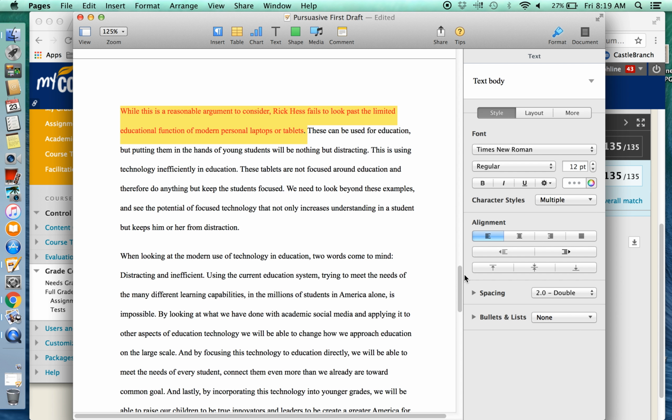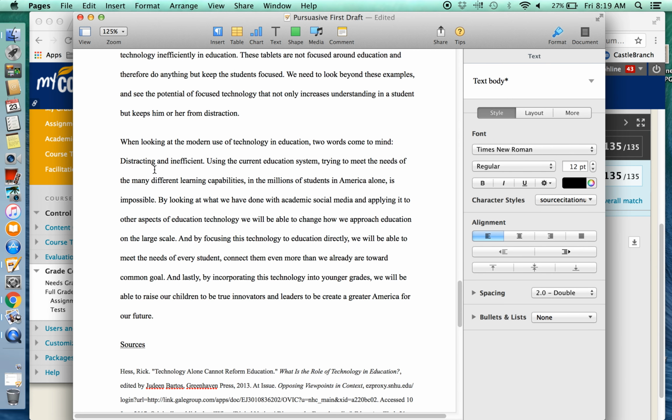And he says, he acknowledges and respects that argument and says it's a reasonable argument to consider, but he's failing to look at some helpful information, and he's failing to look at it from all perspectives, and then explains that really well.